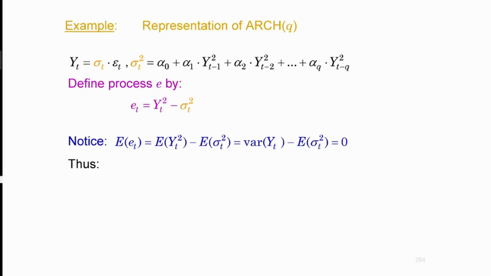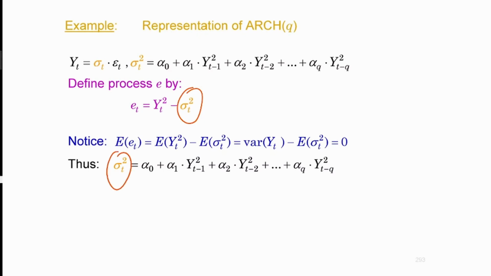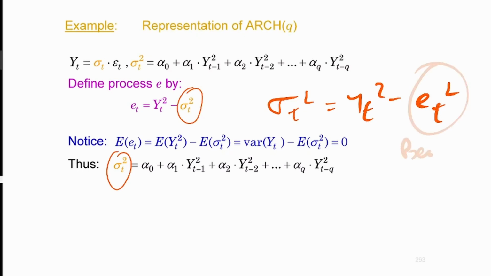If I rearrange that process, I'm going to substitute sigma t squared by the following expression, which is y_t squared minus epsilon_t squared. Let's call that the pseudo noise. At least it has an expectation of 0, so it evens out.